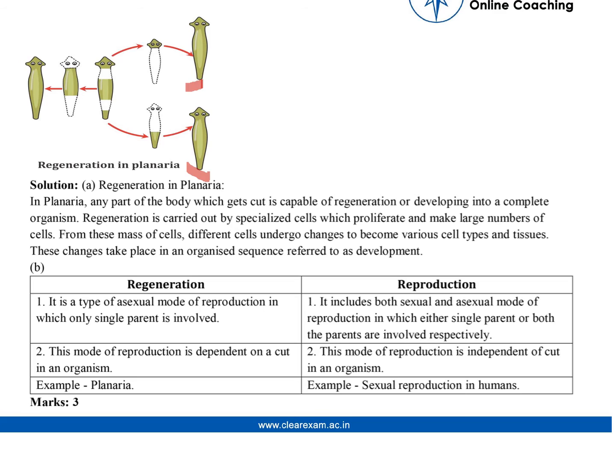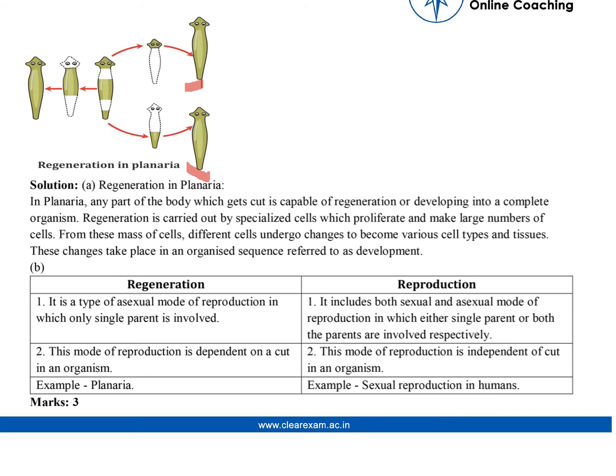Regeneration differs from reproduction in the sense that regeneration can take place from any part of the organism, for example, if we cut the tail of a lizard. However, regeneration does not necessarily give rise to a new individual, whereas reproduction always produces a new individual from the parent organism.